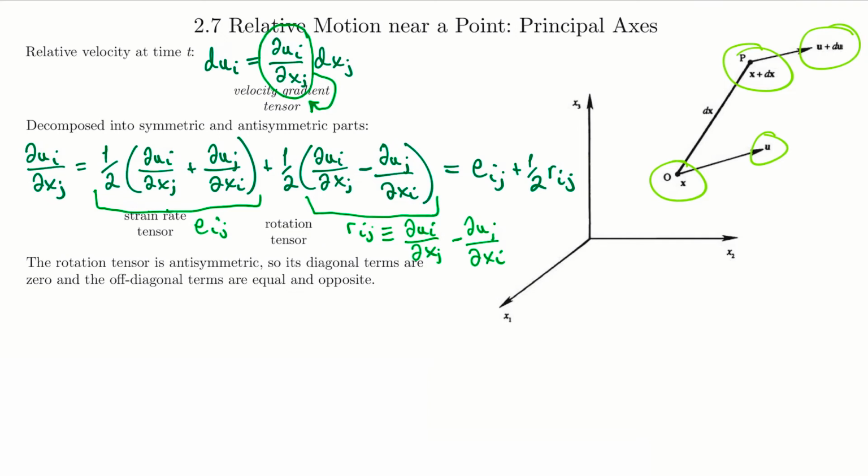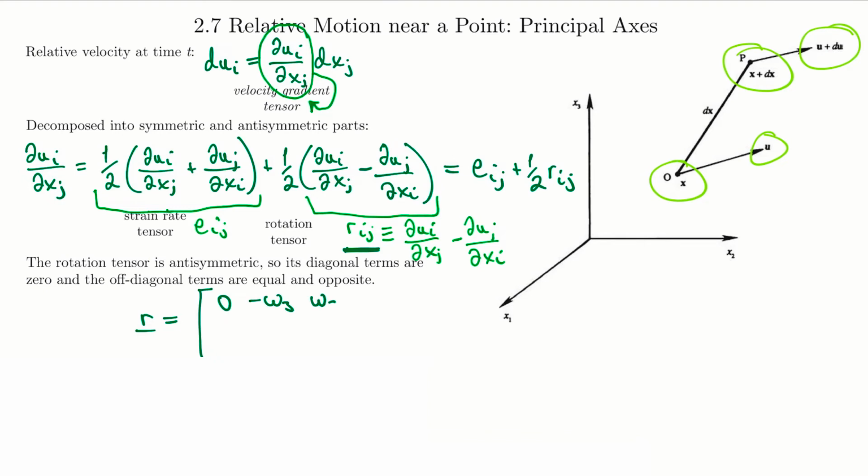But we see from our indices that if I plug in 2, 1 here, that equals omega 3. If I plug in 3, 2, it's omega 1. And then if I plug in 1 and 3 for i and j, it's omega 2. So I can actually write this out like this. So I can write the rotation tensor in terms of the components of the vorticity vector like this.